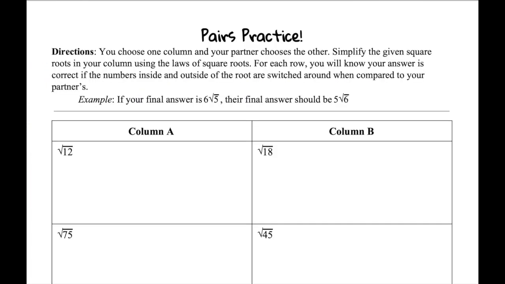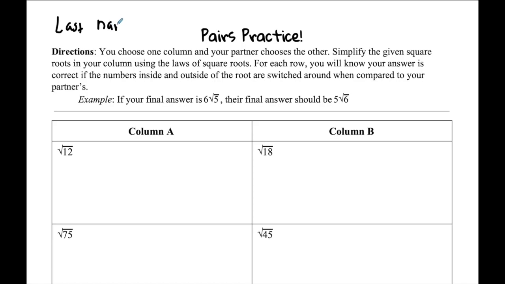All right, and so for the next part, this is going to be a pairs practice activity, okay? What you do now depends on your last name. I'll put this in the Google Doc as well.